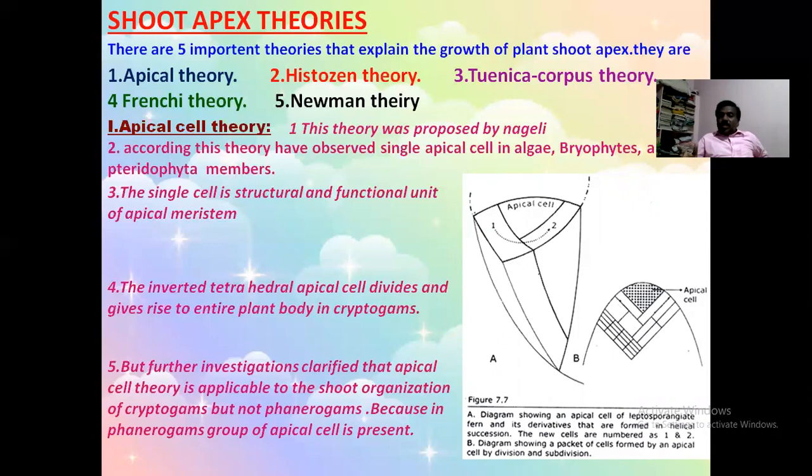This is the apical cell theory. It is present only in cryptogams, but it is not applicable to phanerogams. Only primitive plants follow this type of apical cell theory. This apical cell theory was proposed by Nagel.